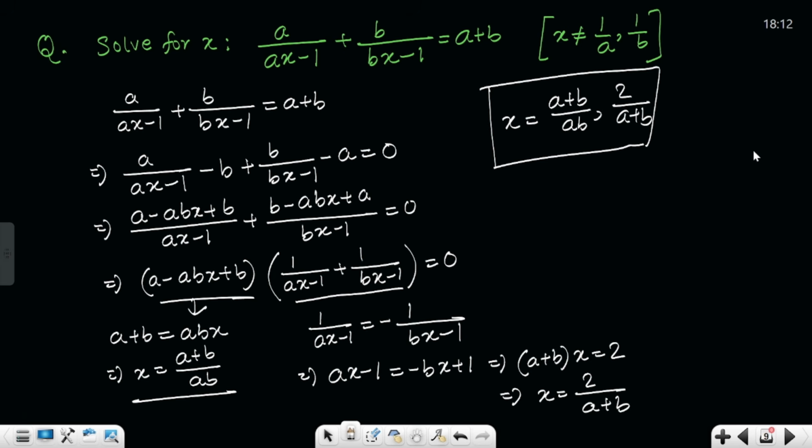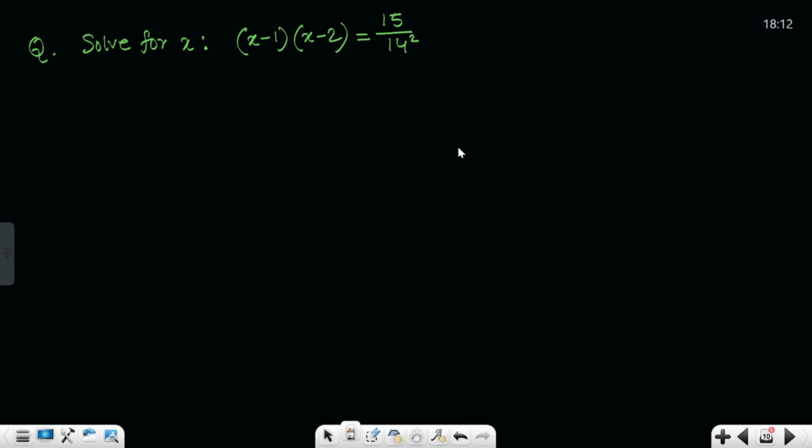Now we will go for the second question. Our second question is this. This is an interesting question. So you should try this question one time. Okay. So first what you will do, let x minus 1 is equal to a. Okay. So what we can say, x minus 2 will be equal to a minus 1.